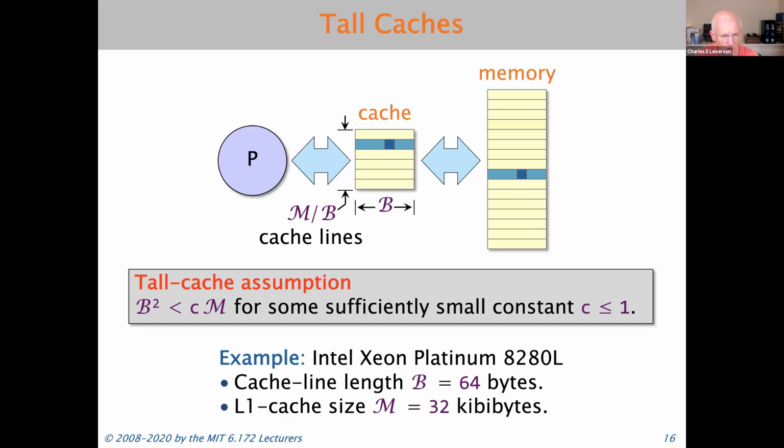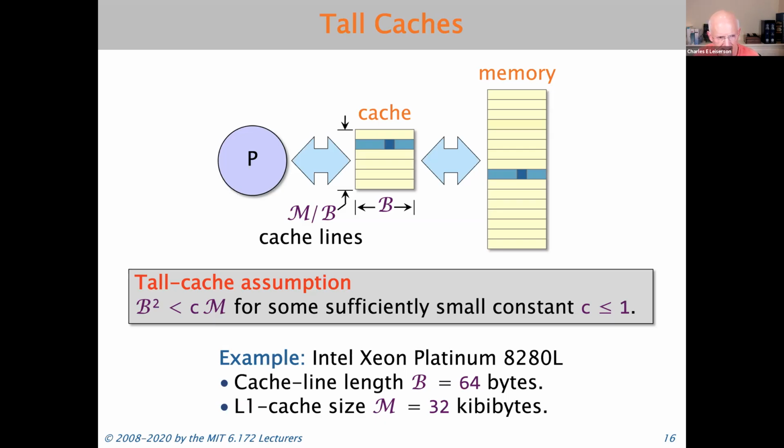And so what that means is that b squared here is therefore 2 to the 6th times 2 to the 6th, which is 2 to the 12th. That's 4,096. Well, that's 1/8 the size of m. So that would satisfy it with constant 1/8 or slightly bigger than 1/8.